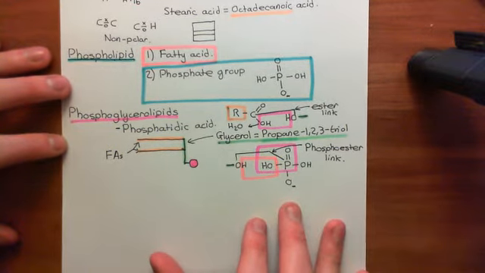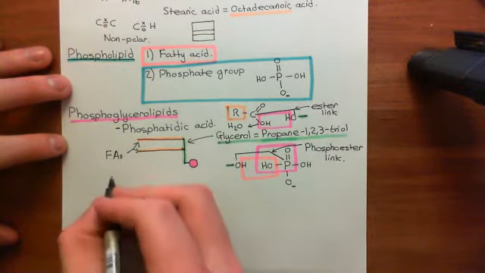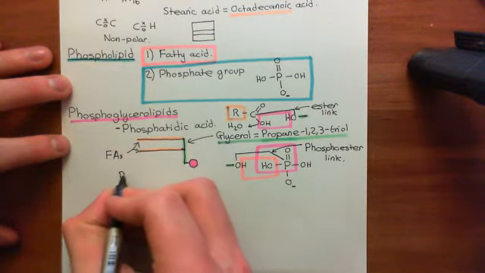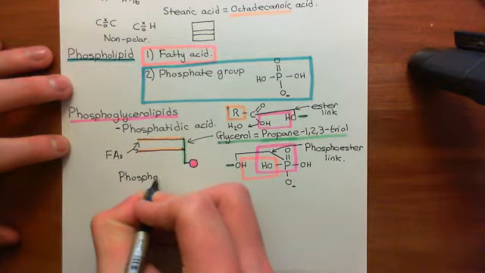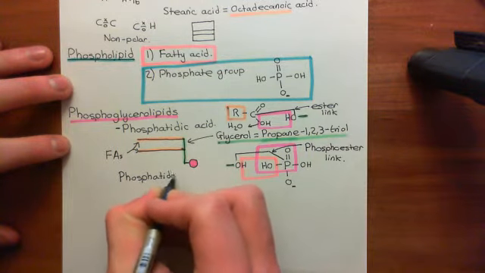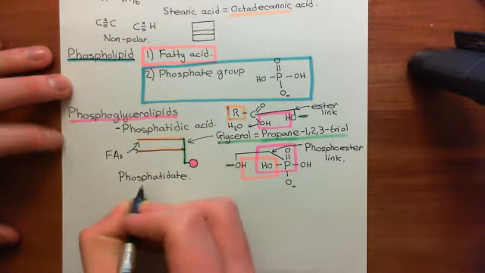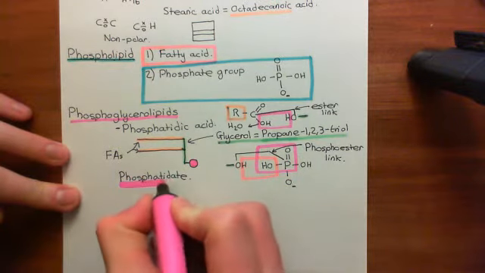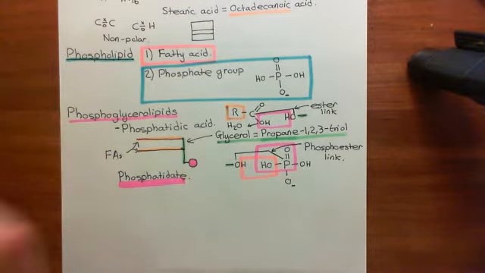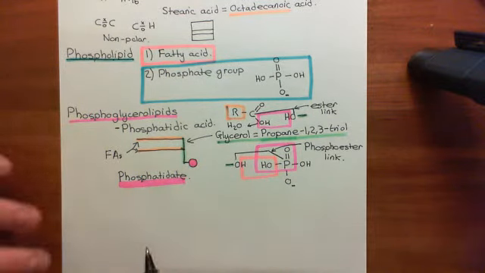Right. The second thing I want to say is what the difference between phosphatidic acid and phosphatidate is. People hardly ever talk about phosphatidic acid. They always talk about phosphatidate, and I want to tell you what the actual difference is.